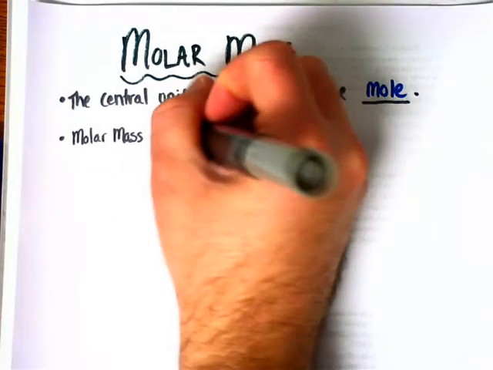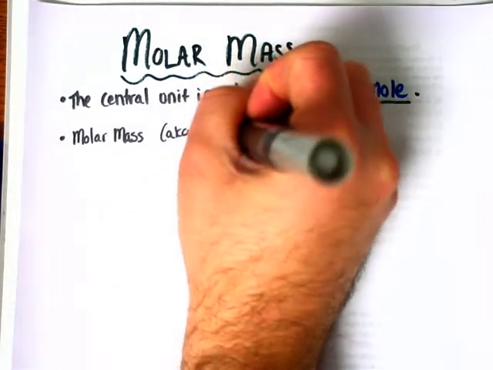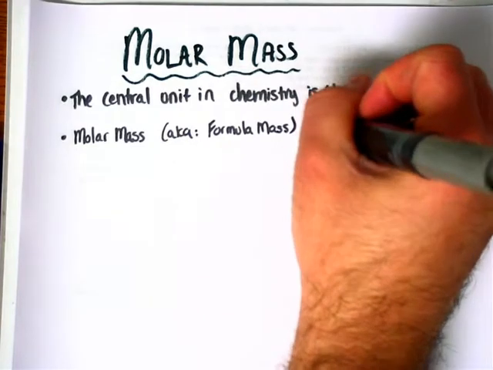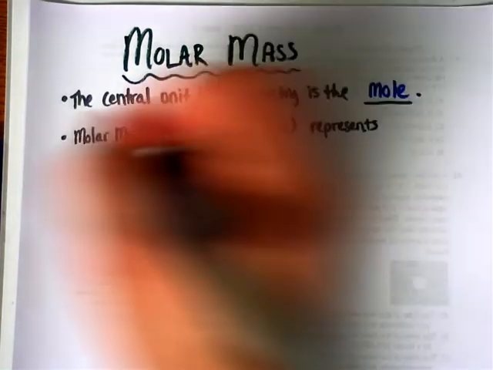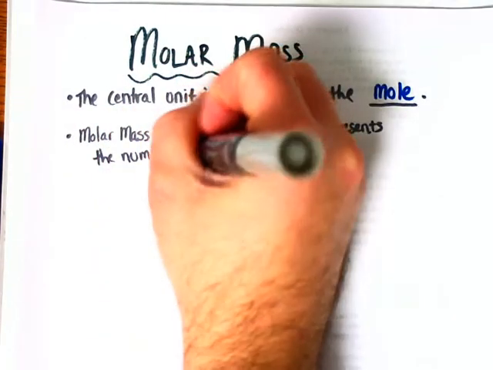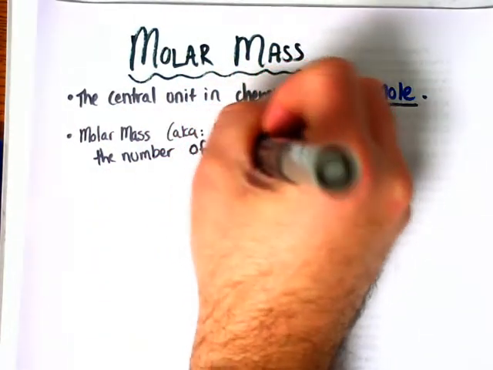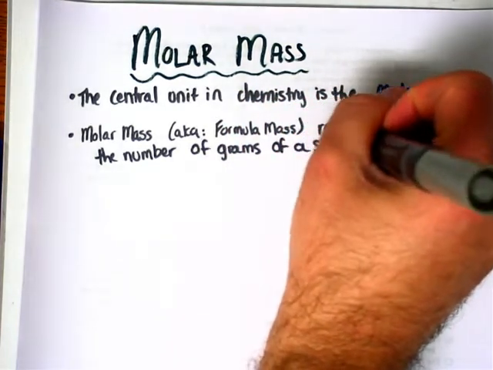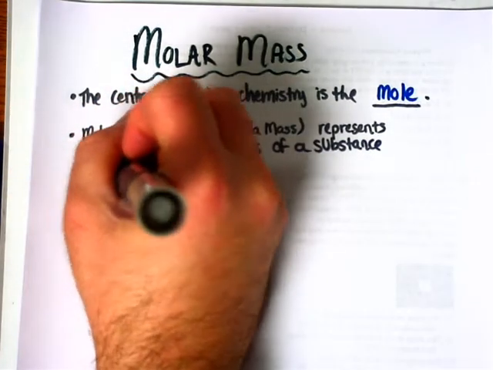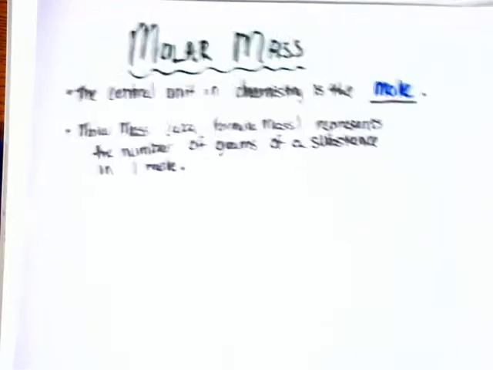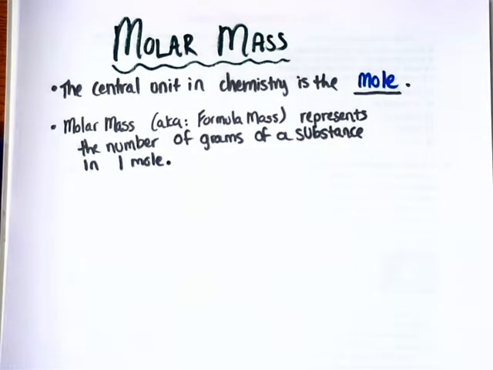Also known as the formula mass, represents the number of grams of a substance in 1 mole.